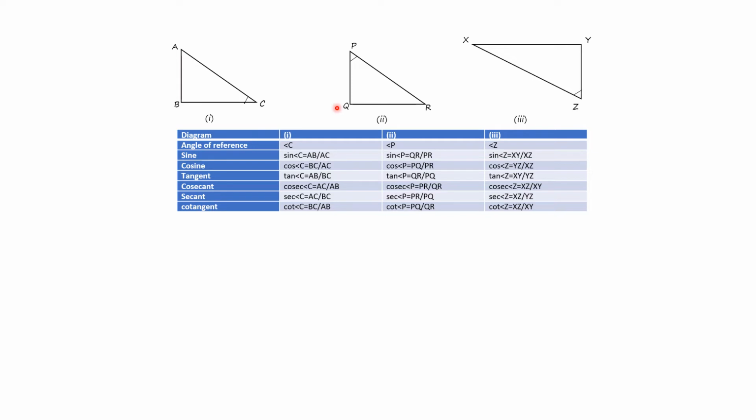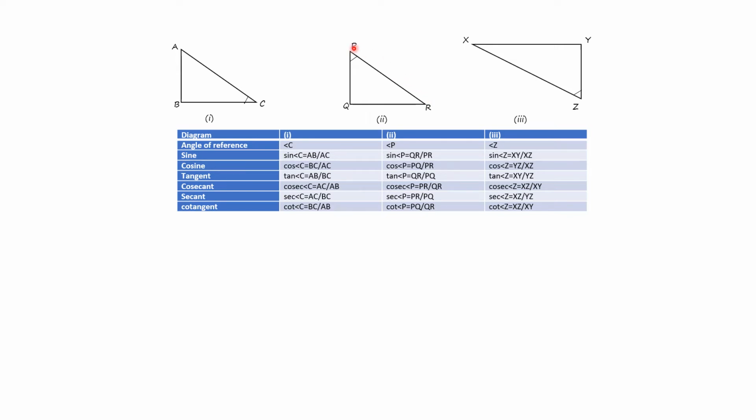Now let's come to diagram 2. In diagram 2, angle P is taken as the angle of reference. So it is quite clear QR is perpendicular, PQ is the base, and PR is the hypotenuse. So sin P or sine of angle P is perpendicular by hypotenuse, that means QR by PR. Cosine of angle P or cos P is base by hypotenuse, that is QP by PR.